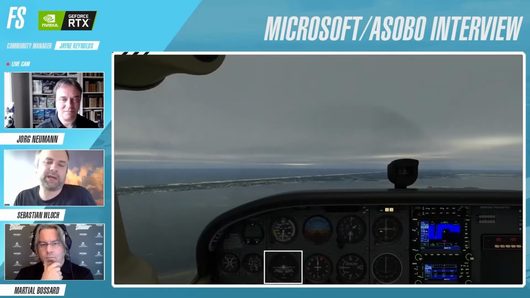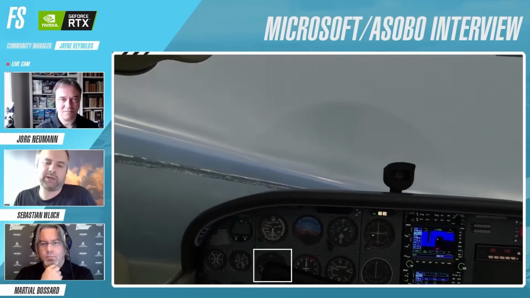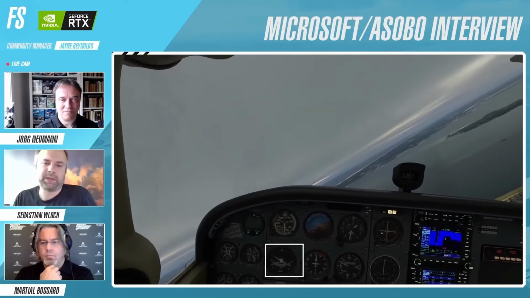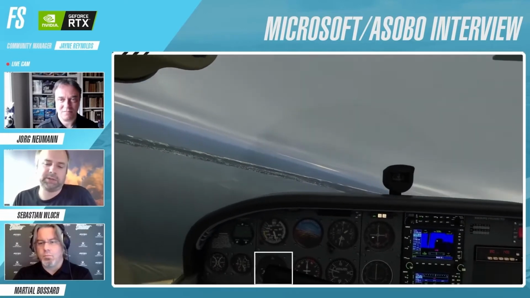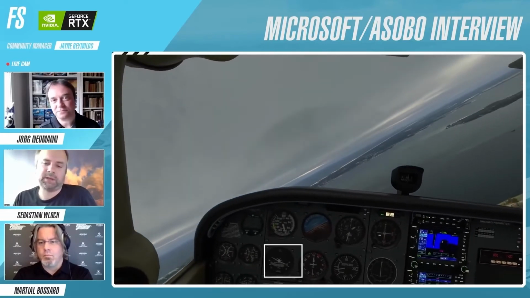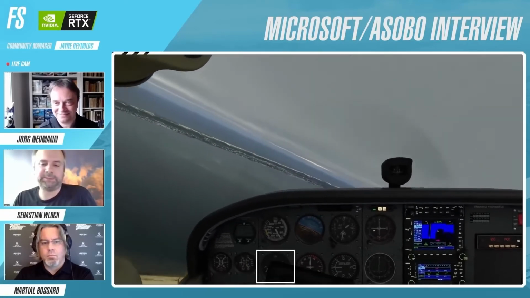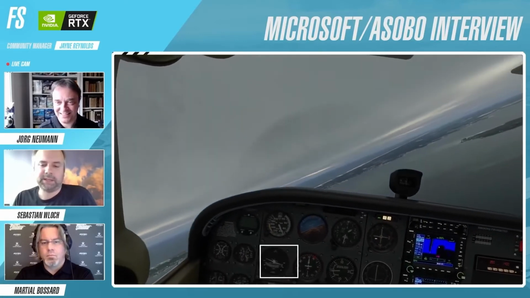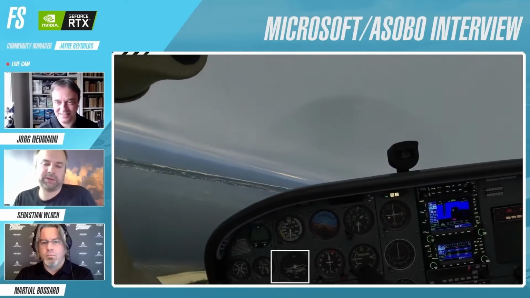And so we measured the adverse yaw on the Cessna after the change, and we got the same numbers as the real aircraft. So thanks to these new parameters, aileron drag, we can now get the adverse yaw exact on all planes. So this is something we plan to update. And it's going to be open to aircraft creators so that they can also improve their aircraft and get the same result.